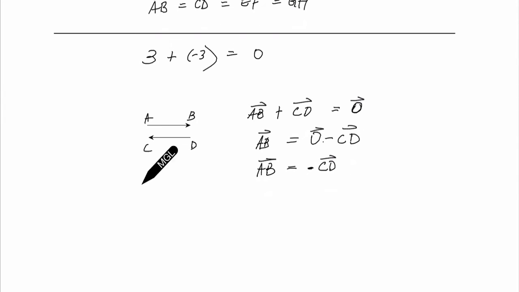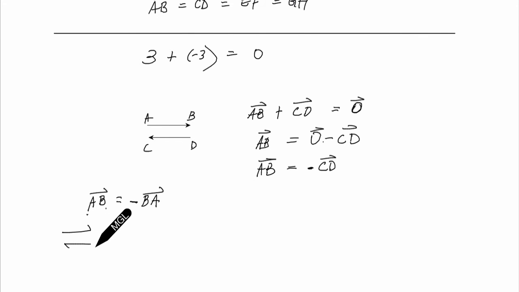Note that this convention of having a tail and a head is to say start from the tail to go to the head. Also, if you switch the head and tail location, so AB is this way, then BA will be this way. So if I multiply this vector by a negative, they would also equal each other.